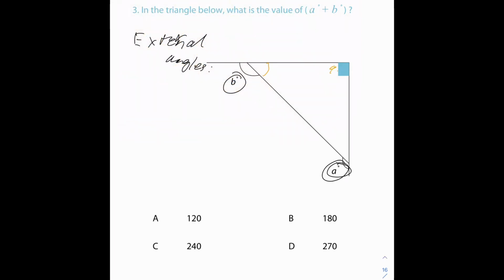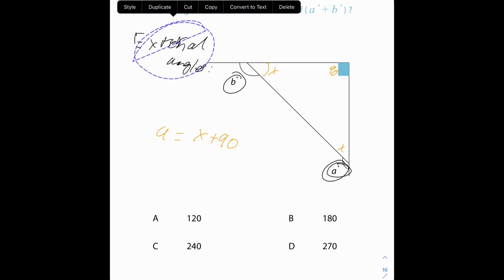So we have here 90 denoted by this square, and we have here x. We're going to figure out what x is. So A is just going to be x plus 90. B is also going to be x plus 90. All right, so now let's see what this question wants from us exactly.